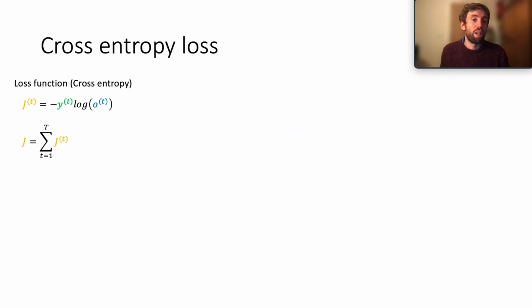Here we're briefly going to mention another type of commonly used loss function. So far we've only seen the squared error. The squared error is commonly used for regression tasks where you have to predict a particular value, but the cross-entropy loss is often used for object recognition or classification tasks.